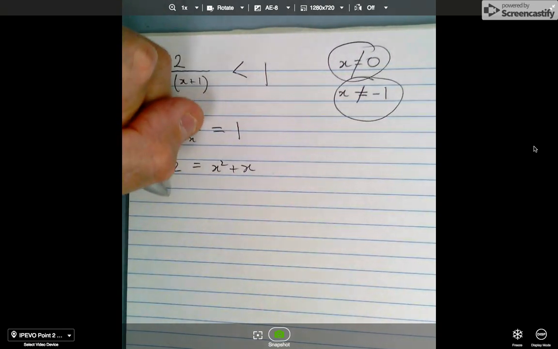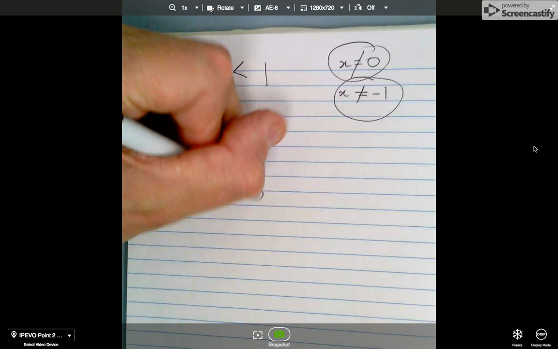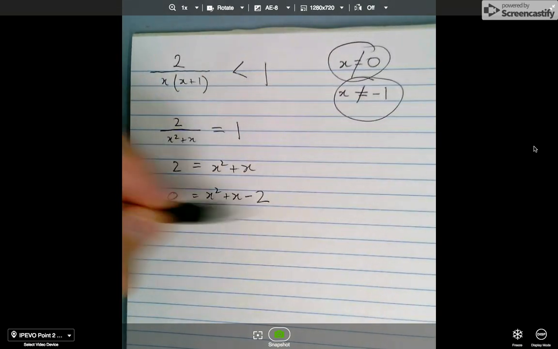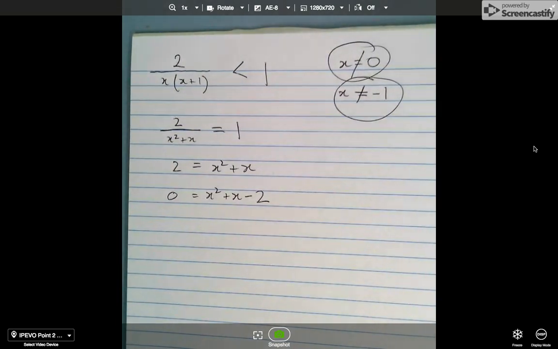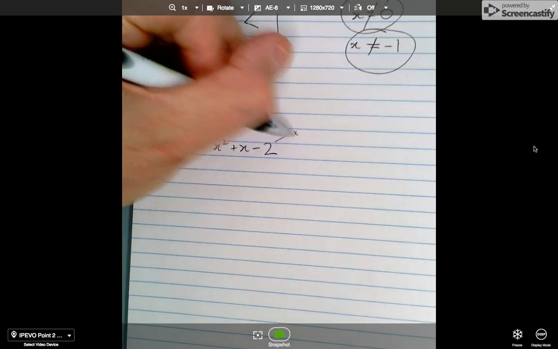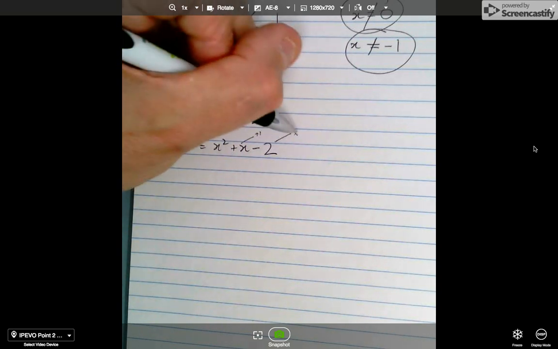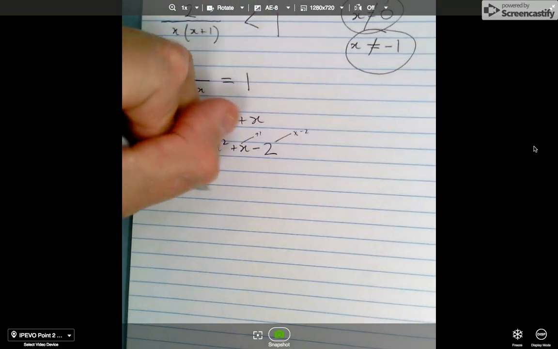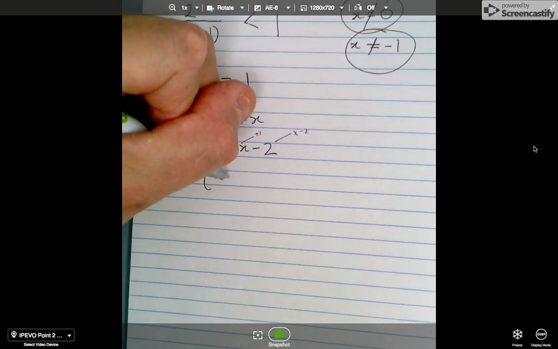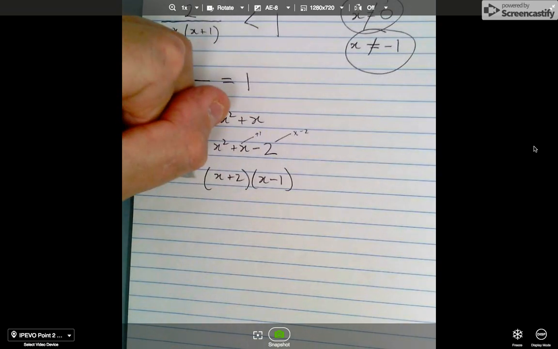And by taking this over, I get x squared plus x minus 2 equals 0. What is this? This is a nice quadratic. So we're looking for two numbers that multiply together to give minus 2 and add together to give plus 1. So I'm thinking that's going to be x plus 2 and x minus 1 equals 0.